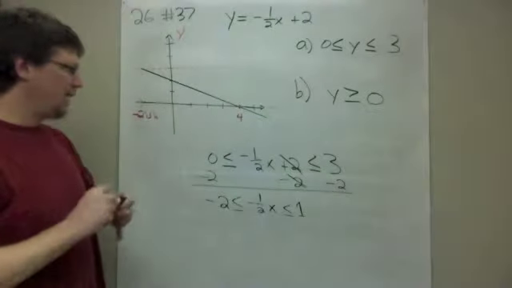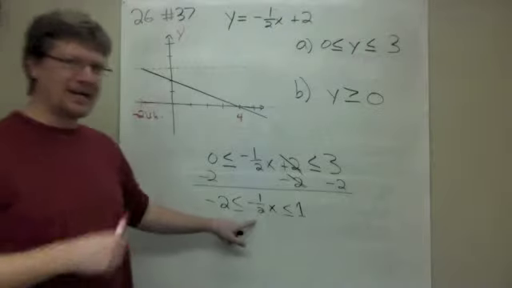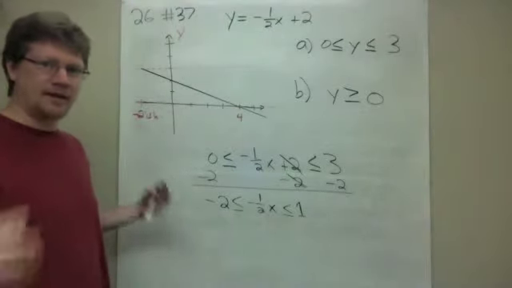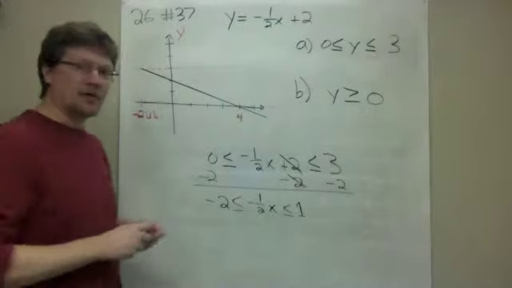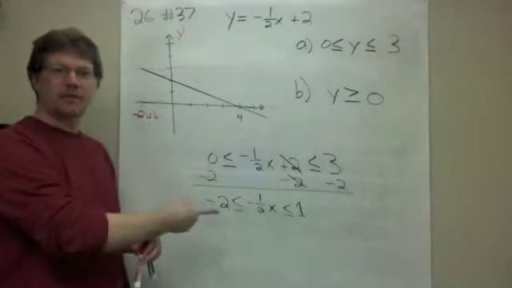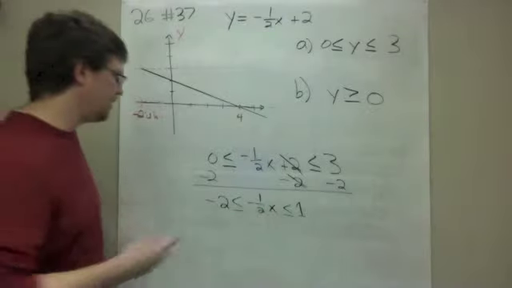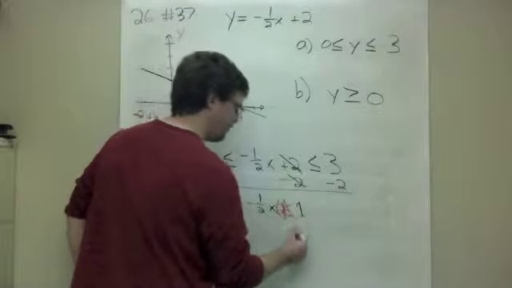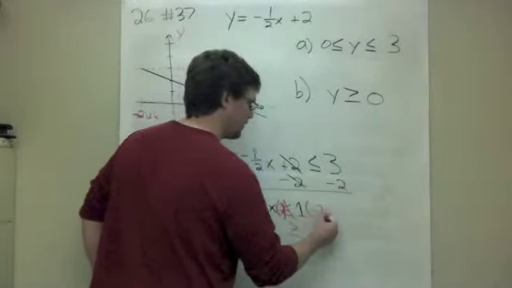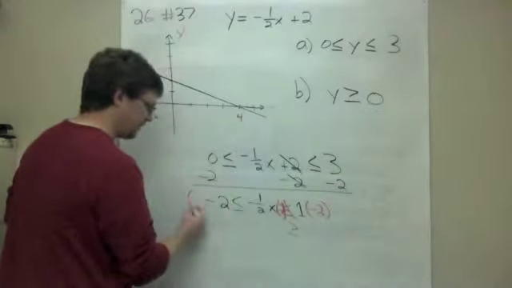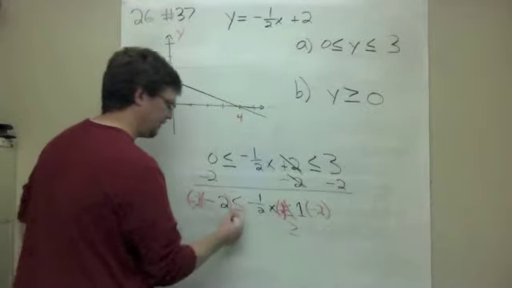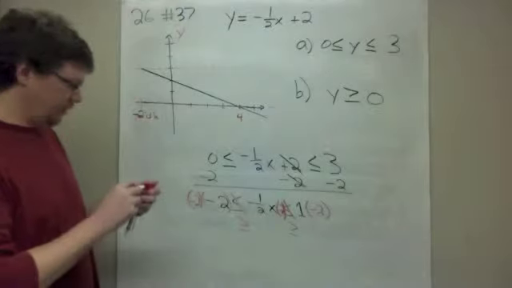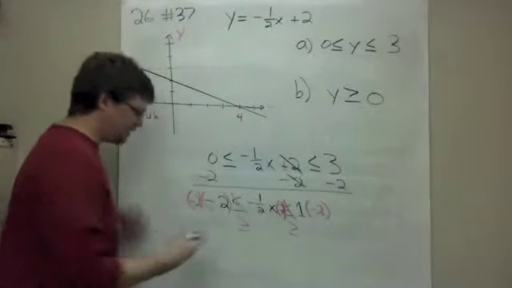Now I need to get rid of my -1/2. To get rid of my -1/2, I multiply everything by -2. And multiplying by a negative means I flip all of my inequalities. So I multiply by -2, flip my inequality, multiply by -2, and flip my inequality, leading to a result of -2 times -2 is 4.